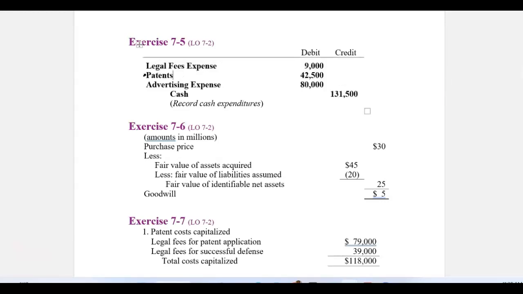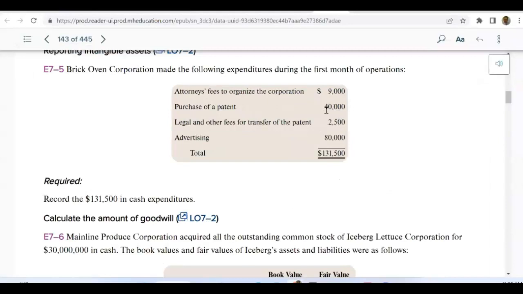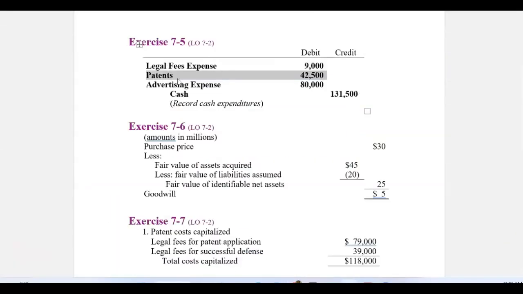Patent and the fees, let's see one more time. Patent and the fees to transfer patent, that will be capitalized. So patent and the fees will be capitalized in the T account for patent. Of course, patent expires after 20 years legal life.